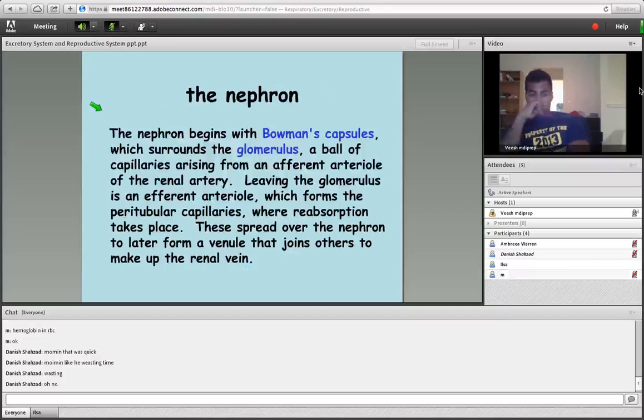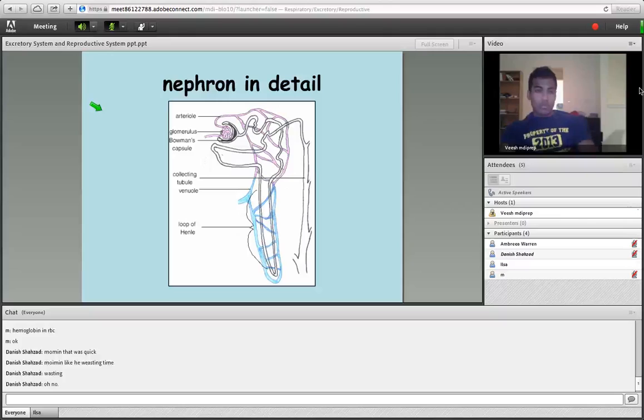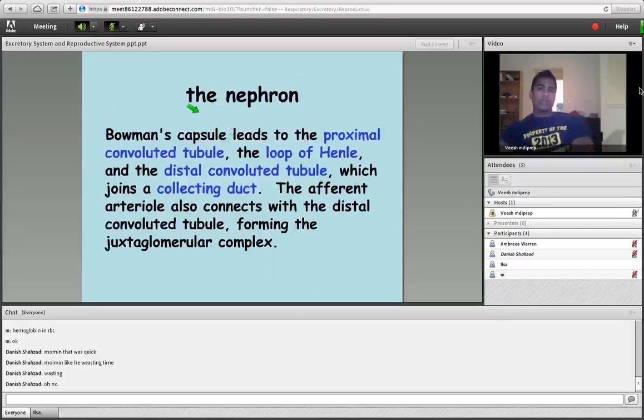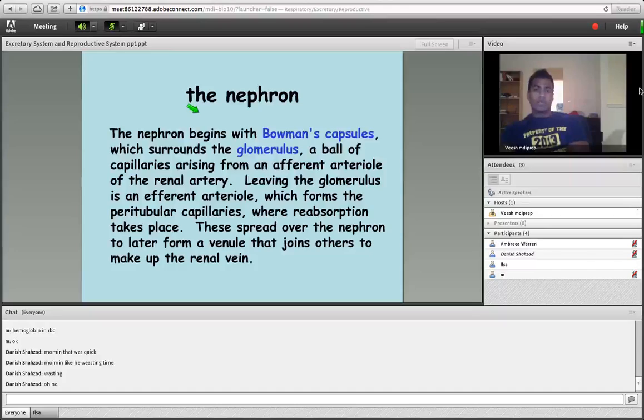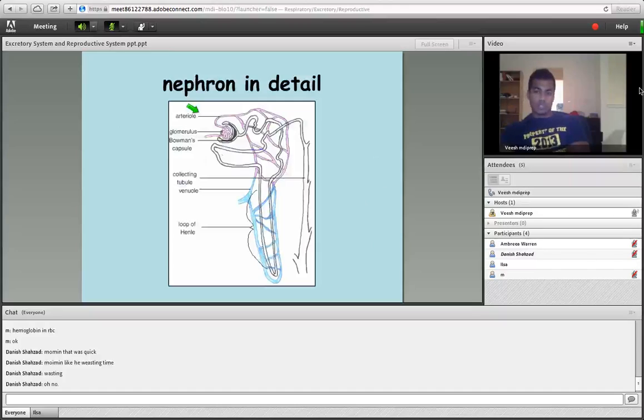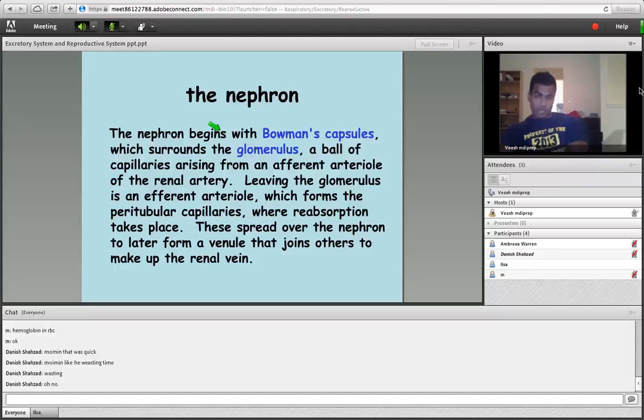So the nephron begins with the Bowman's capsule, right over here. It surrounds the glomerulus, which is the ball of capillaries right just there. So I'm trying to use this pointer. But the Bowman's capsule is going to be surrounding the glomerulus, which is just a whole ball of convoluted capillaries.